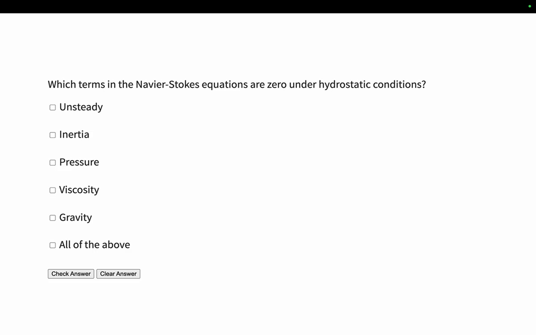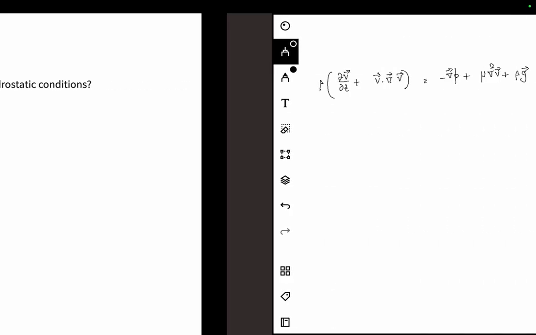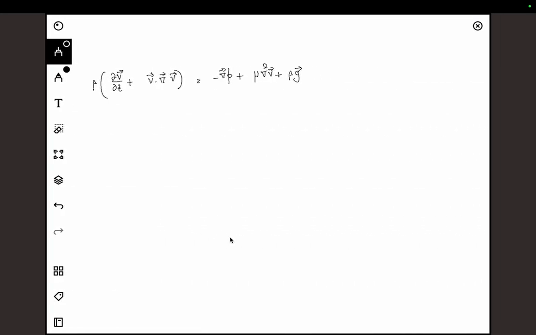So this is to brush up your understanding of the Navier-Stokes equations. If you take the Navier-Stokes equations, which of the following terms will be zero under hydrostatic conditions? So what are hydrostatic conditions? If this is your Navier-Stokes equations, which of these terms will be zero?